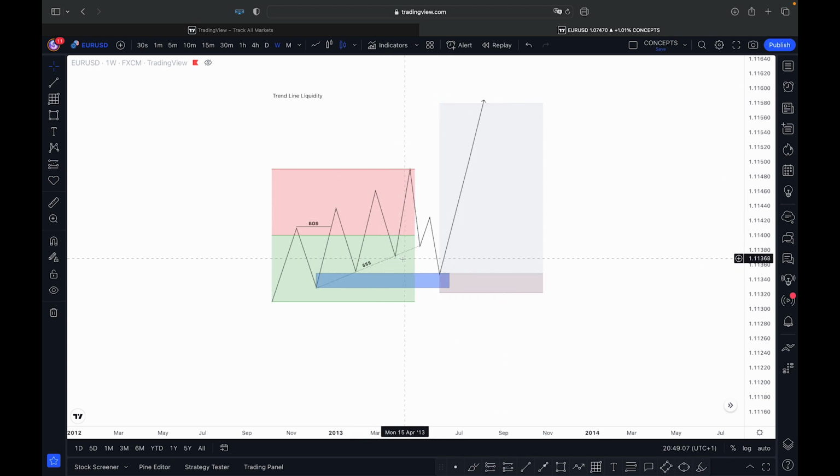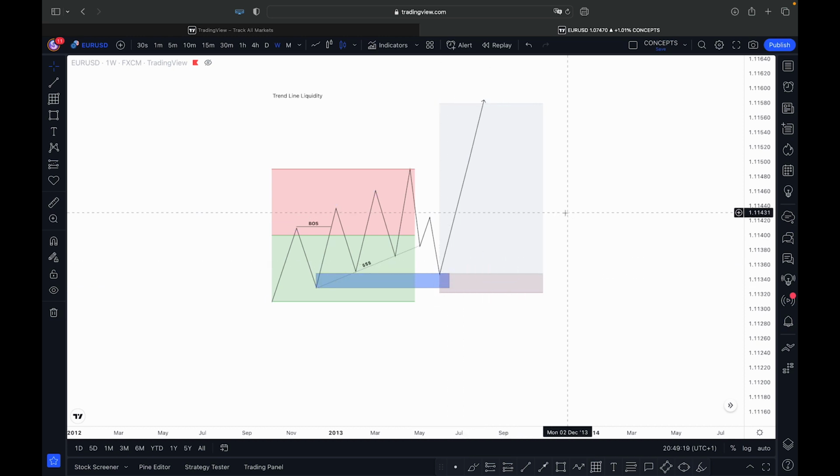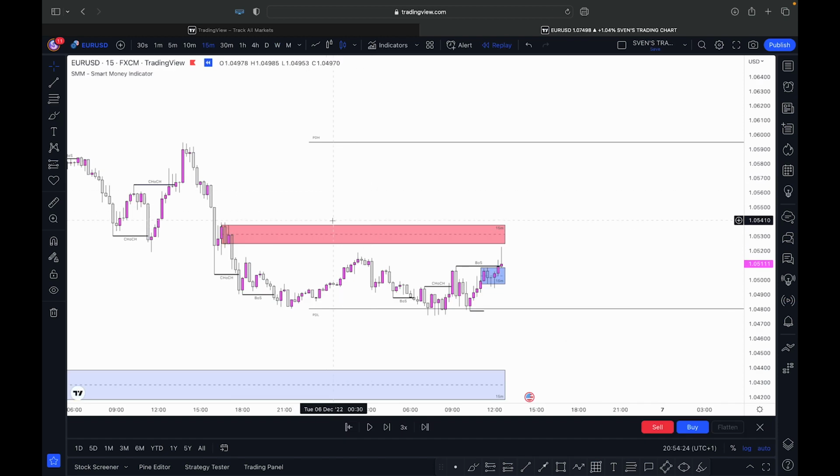Again, retail traders will enter on the third touch of the trend line, but we will wait until that trend line is cleared of liquidity, and we will actually enter lower. The past events have shown us that the probability of these setups is way higher than just trading from trend lines.